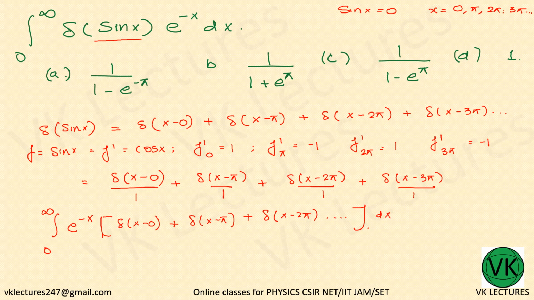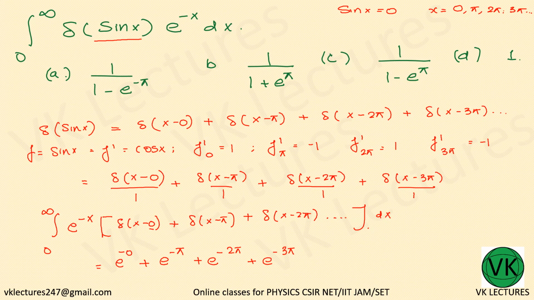Now I need to check whether this 0 is lying between 0 and infinity. Yes, so x goes to here, so e to the power 0, minus 0, just for understanding purposes. So e to the power minus pi plus e to the power minus 2 pi plus e to the power minus 3 pi. So this is the integral value.